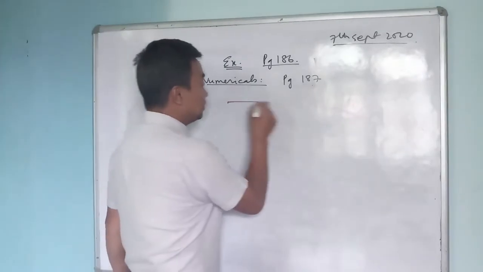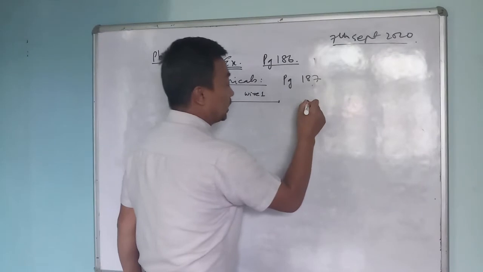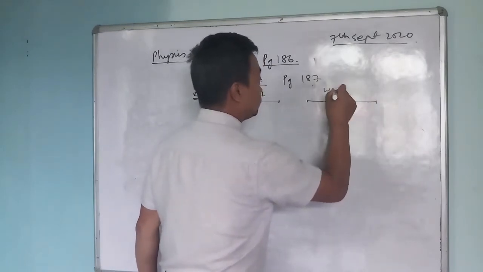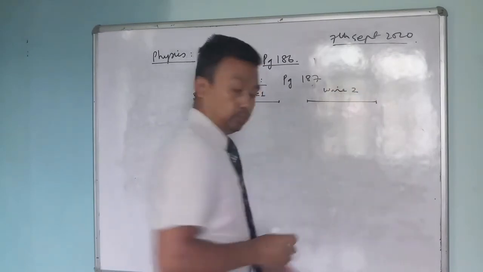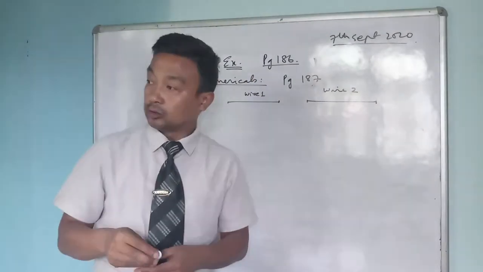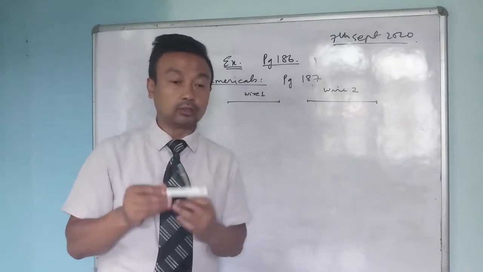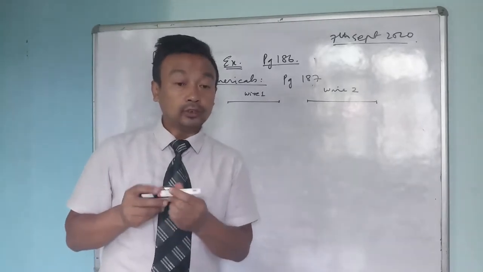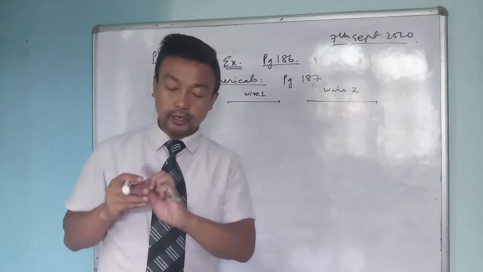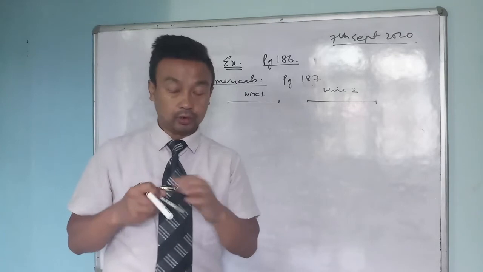There is a wire 1 and there is a wire 2. Both of them are made of the same material. For example, these are the two wires, same length. Let us say the material is also same, both are copper wire. But the radius is different, which means the area of cross section is different. This is a thicker wire and this is a thinner wire.